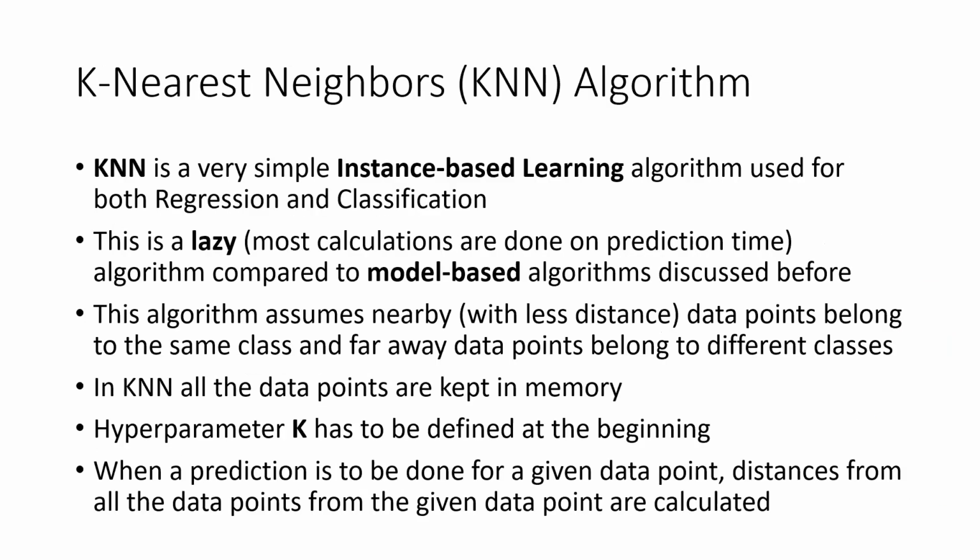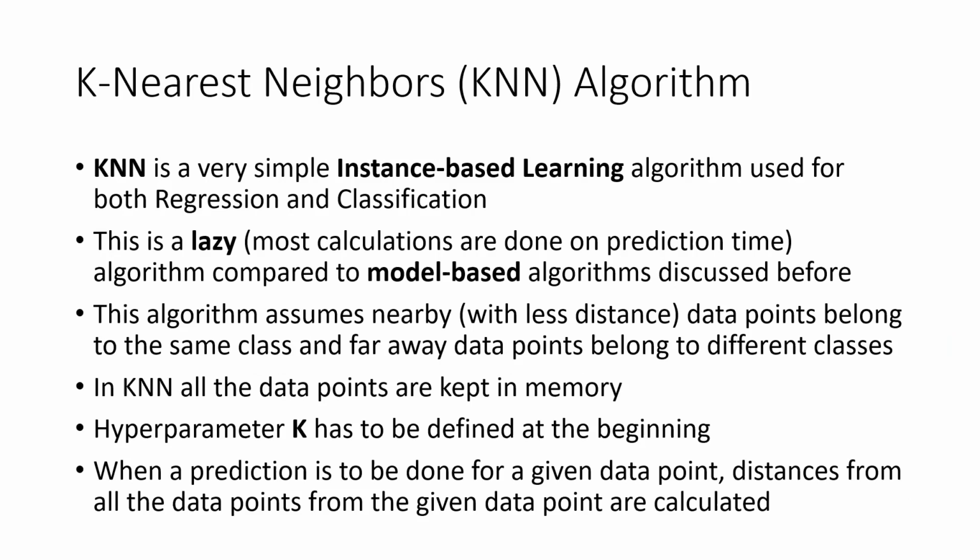Okay, so first we will start with the k nearest neighbor algorithm. This is another machine learning algorithm that we are going to learn today. This algorithm is somewhat different from the earlier algorithms that we have learned.